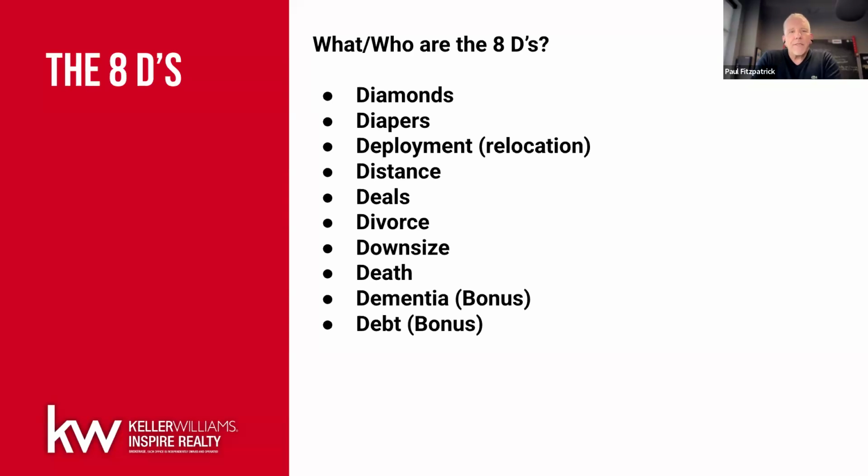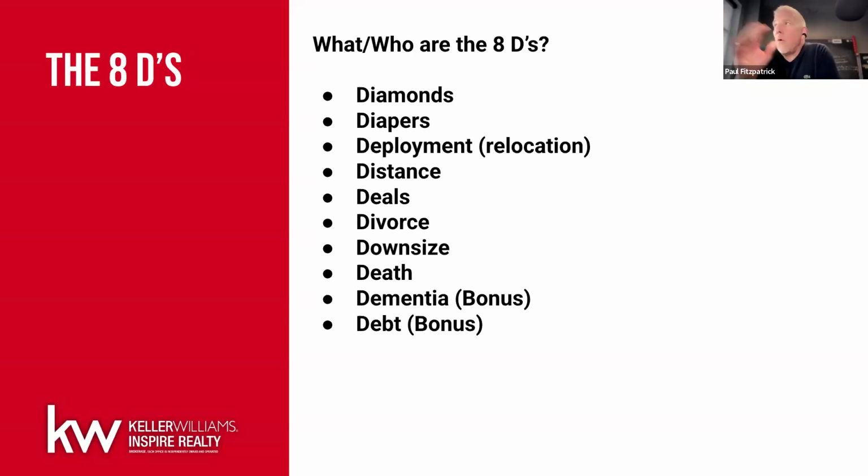And what does that make you think of? Can you immediately identify 3 to 5 people in your database that might fit into some of these categories? Was that a no? Okay.